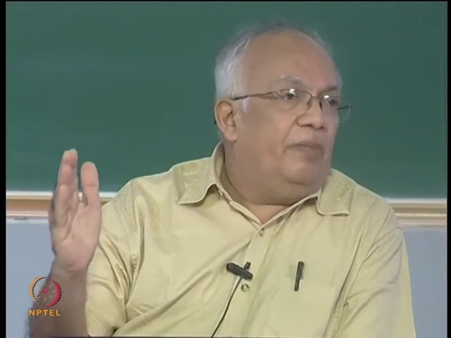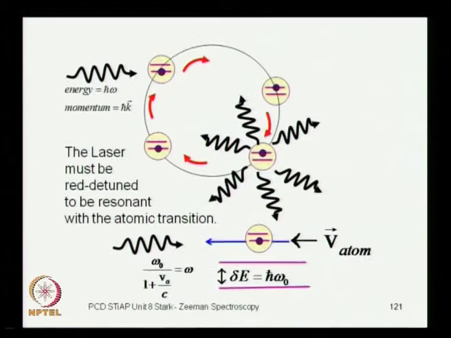If that Doppler correction is not done, the atom will not be able to absorb that energy. So, you need the atom to absorb this energy, radiate it, reabsorb, re-radiate, and go through these cooling cycles. So, the Doppler effect is going to play a big role in this. So, you really need a laser which is red detuned with respect to the resonant atomic transition.